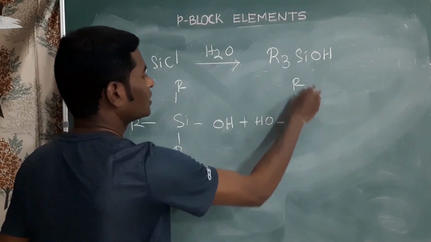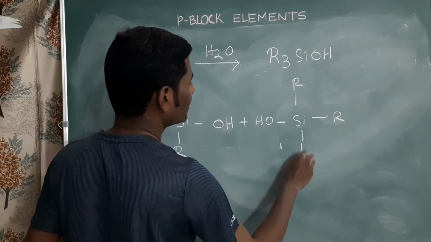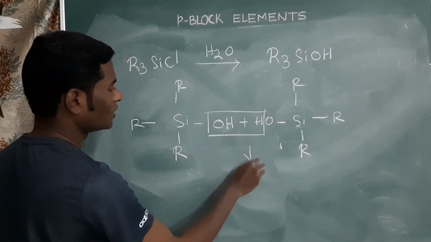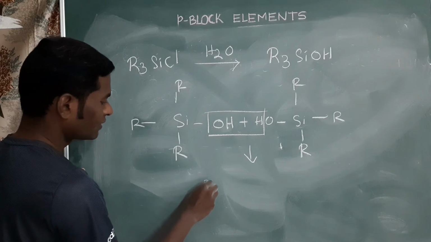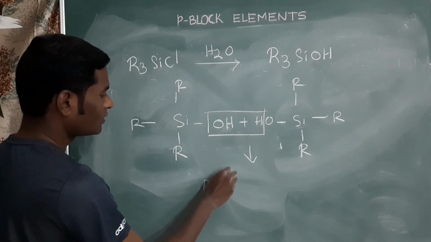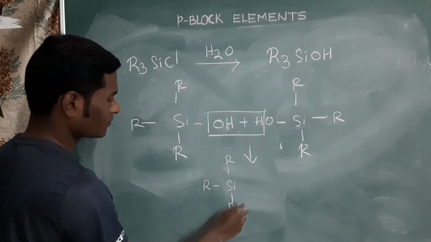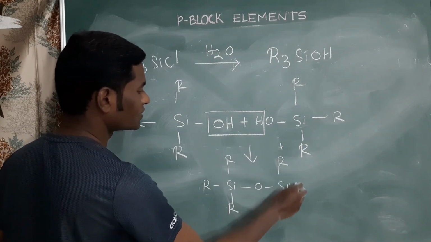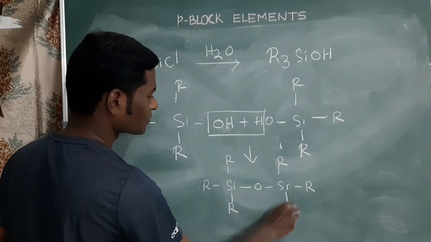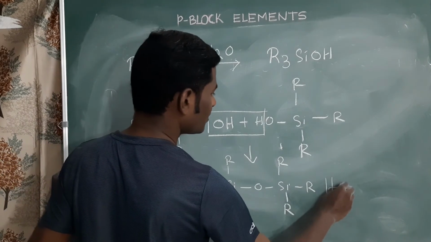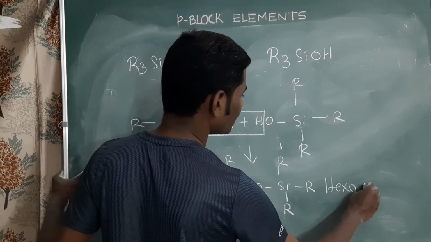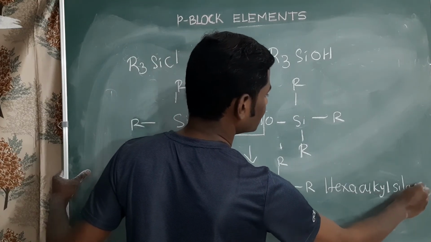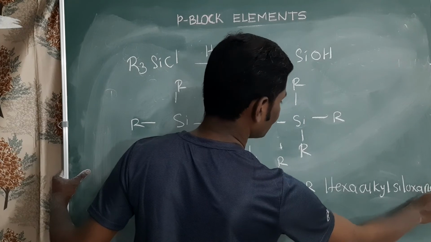They join together through condensation with elimination of a water molecule. We will get hexaalkyl siloxane. The name of the compound reflects that 6 alkyl groups are there. That is why it is called hexaalkyl siloxane, plus water.